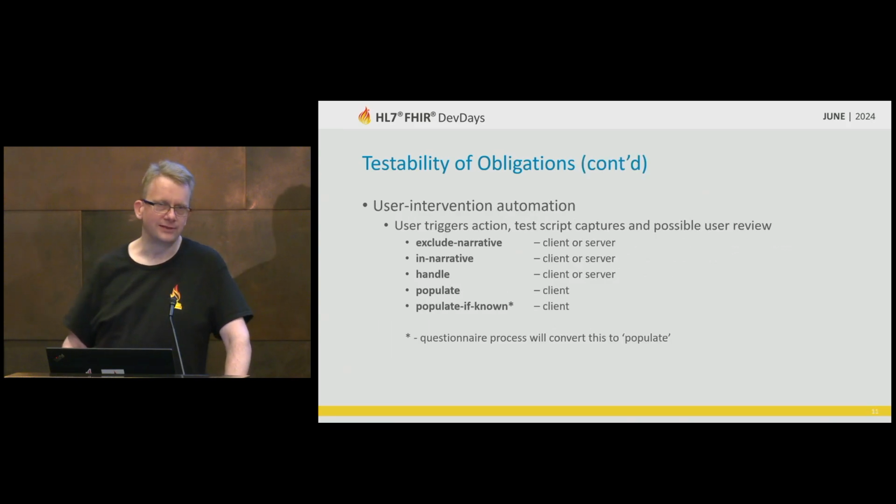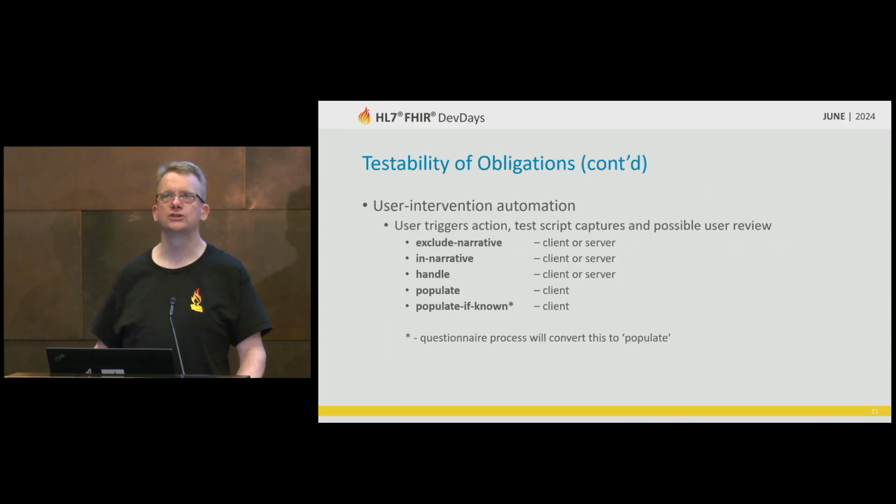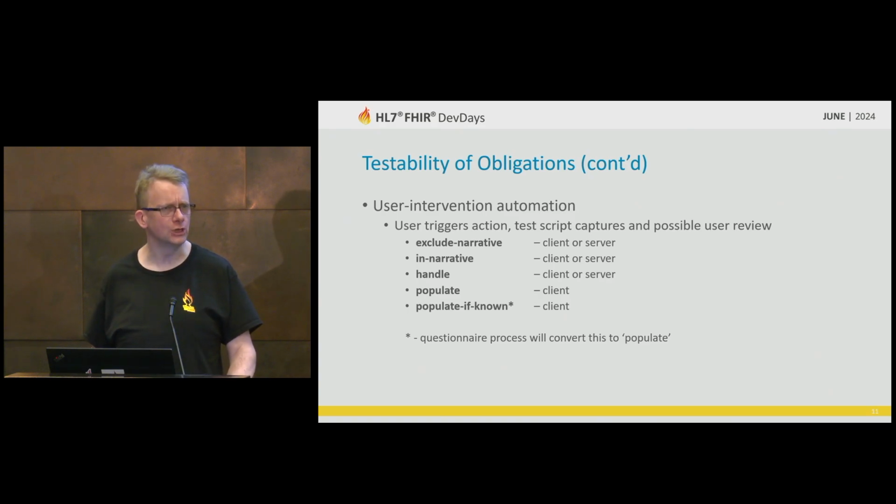There are other kinds of things that we can't computably check. If I mark a date and say, you shall include this in narrative, there are a wide variety of ways of expressing a date in narrative. I can send it YYYYMMDD. I can turn it into text.